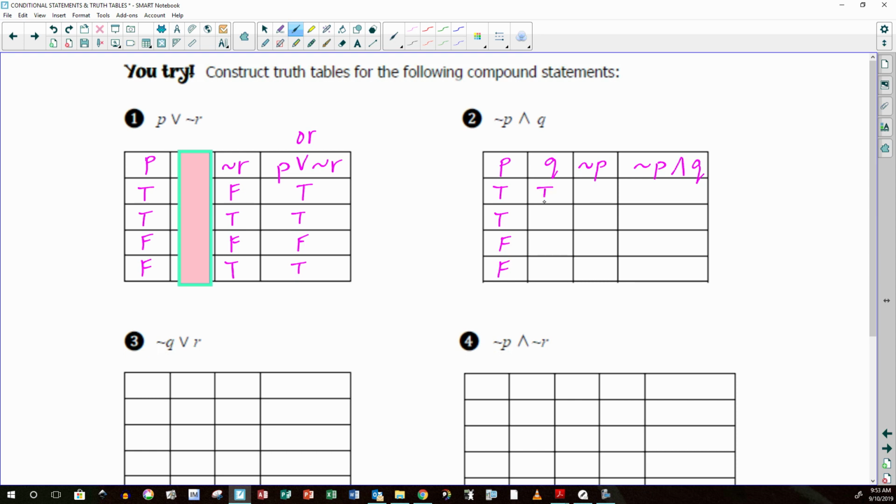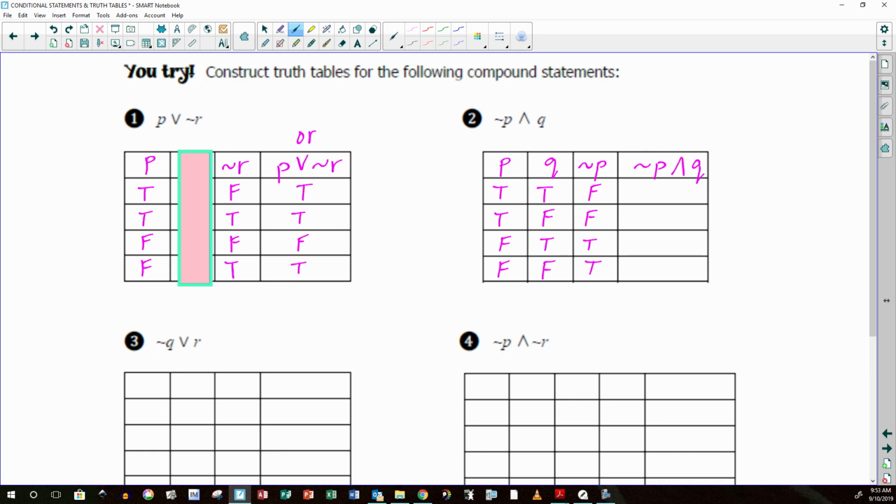The next one is true, false, true, false. Because what you're trying to do is come up with all your possible combinations. Kind of like if you had two coins and you flipped them, you can get two heads, a head and a tail, a tail and a head, or two tails. So you want all your possible combinations. Your not P is the opposite of P. Well, if P is true, true, false, false, then this is false, false, true, true.